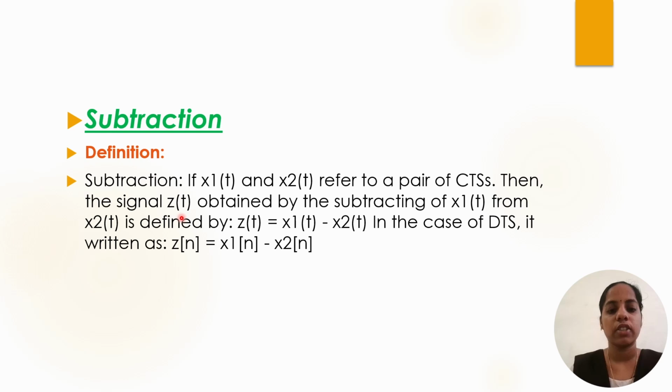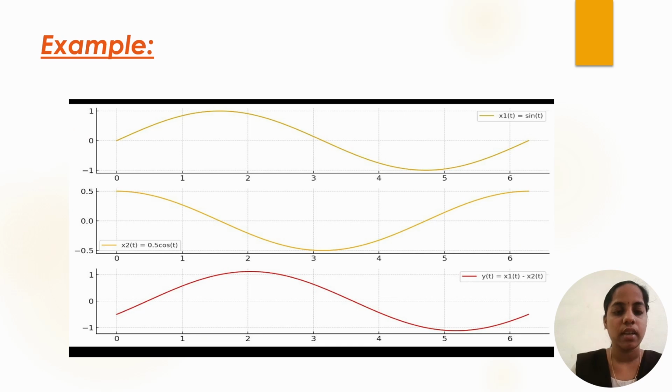This is for continuous signals, and for discrete, z of n equal to x1 of n minus x2 of n, and we get z of n. This is for discrete.